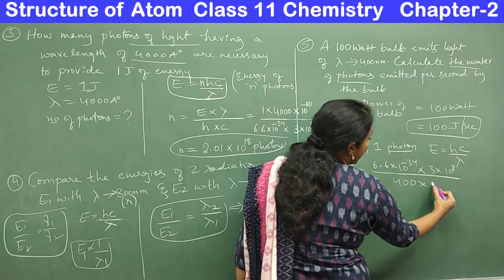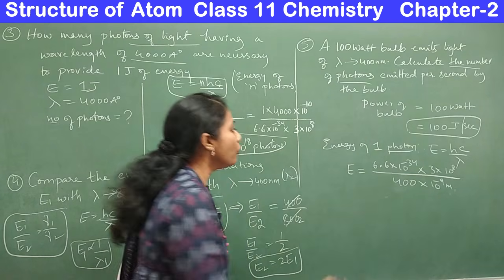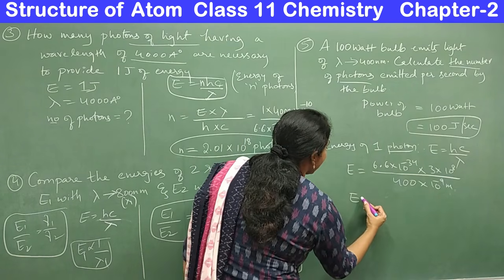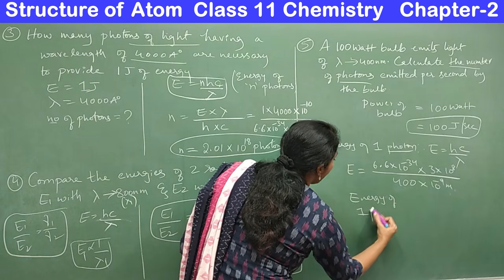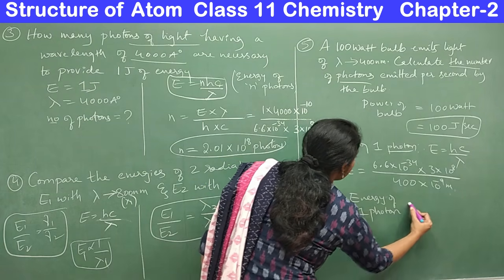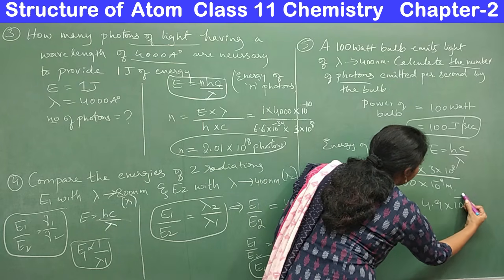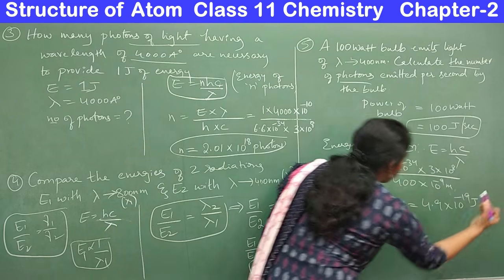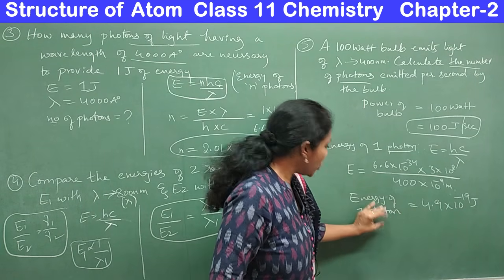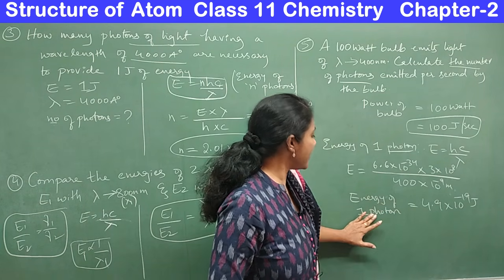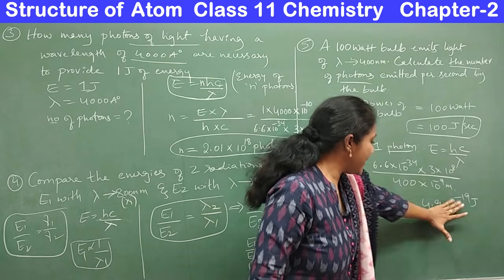So 400 into 10 to the power of minus 9 meter. So what is the energy of one photon? You will get around 4.9 into 10 power minus 19 joules. So one photon's energy is this much.